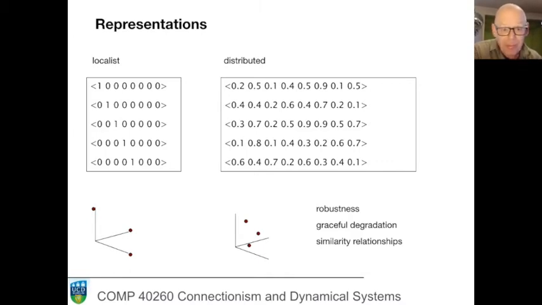Far more common in neural networks is the use of distributed encodings. Here, I've shown you a couple of other 8-bit vectors, and you can't interpret these directly, but if each of these stands for continuous variation along 8 dimensions, then we have a rather different relation between our patterns and the world.